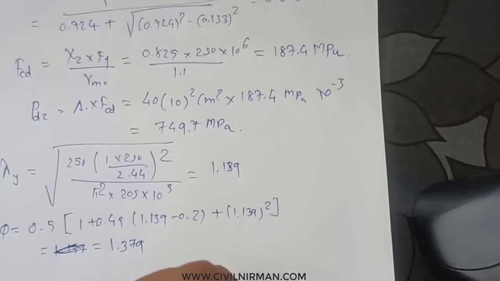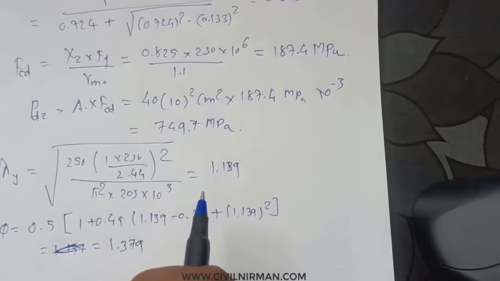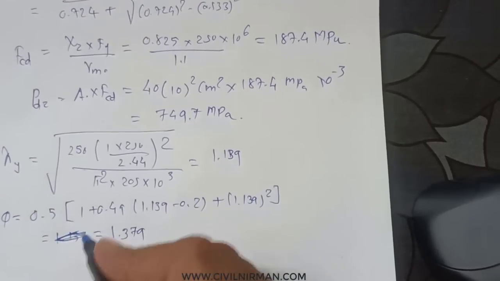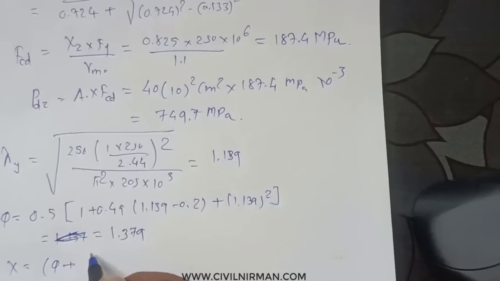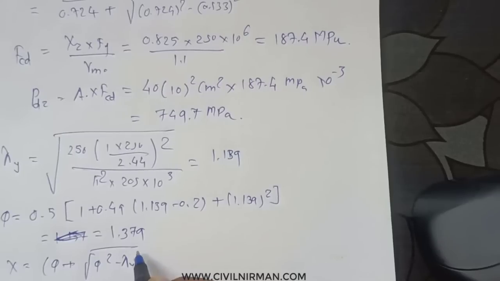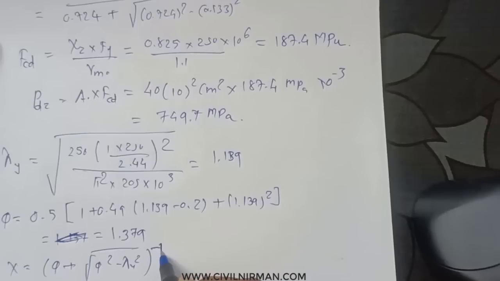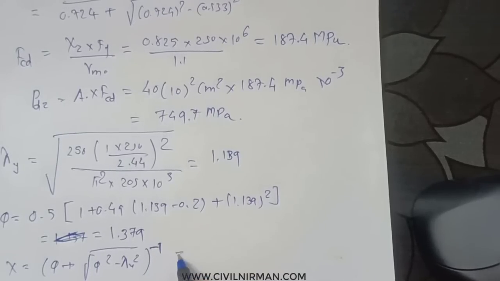Alright, and in a similar manner, after working out the phi value, we will work out the psi value as well. So phi plus the square root of phi square minus lambda square, raised to the power of -1, in inverse proportion, because it's actually 1 divided by this value.